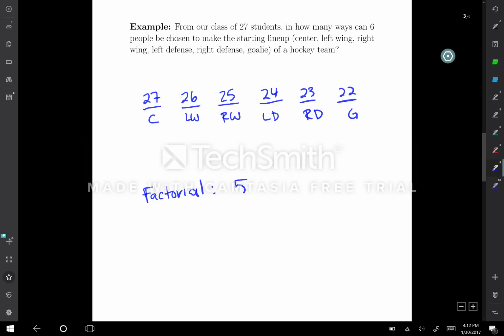For example, if we're interested in 5 factorial, the exclamation point denotes factorial. That would be 5 times 4 times 3 times 2 times 1.